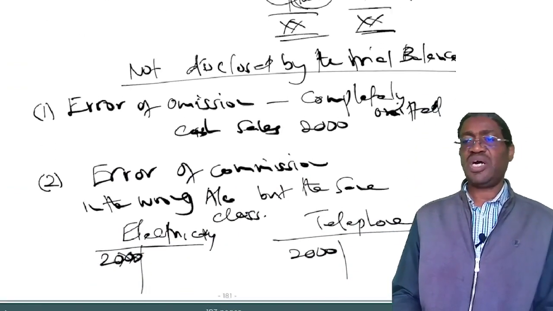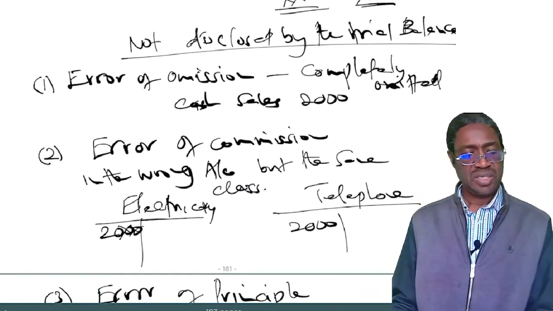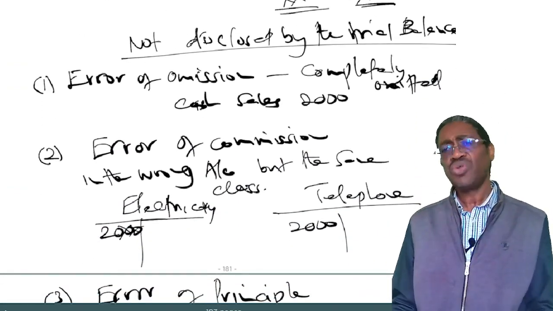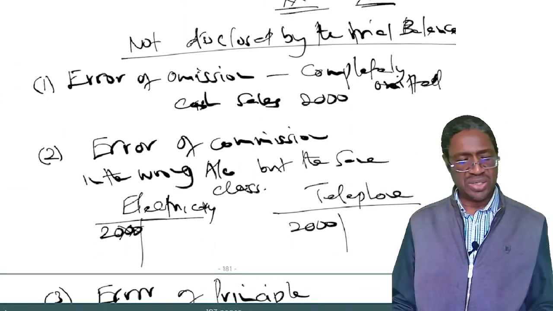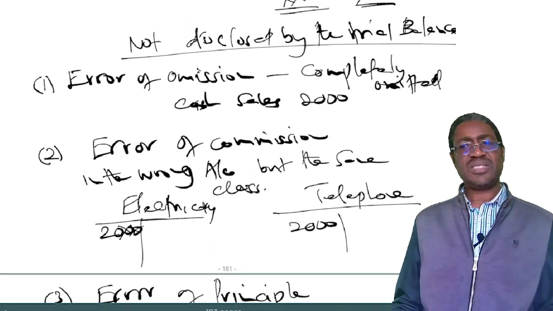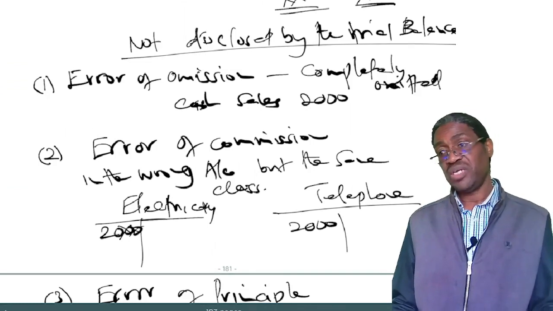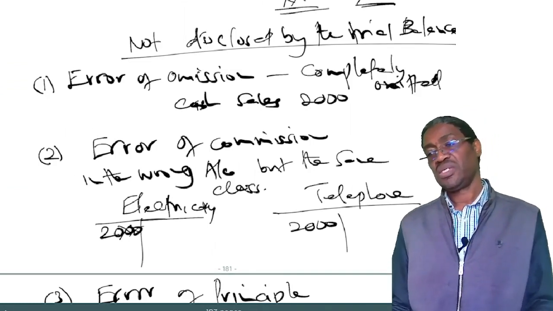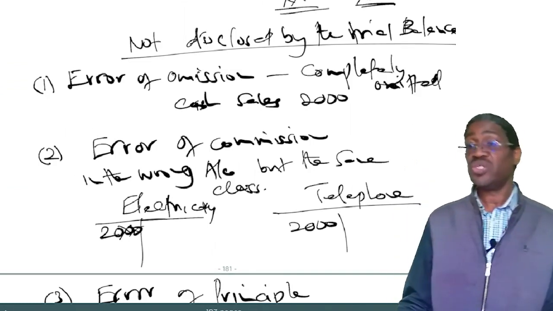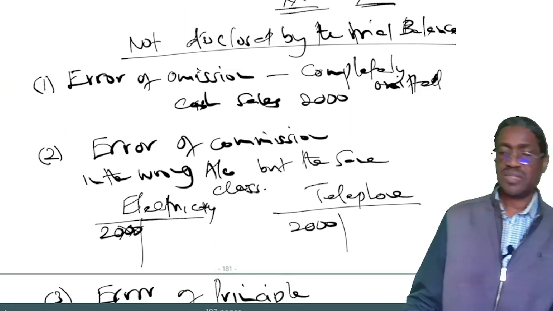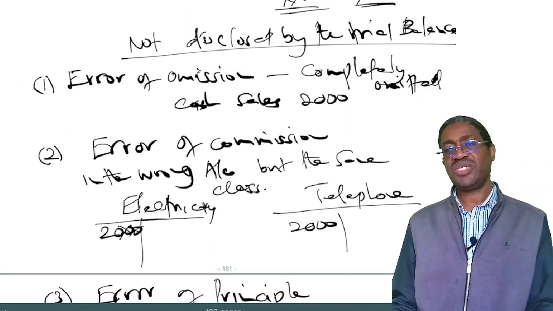Then below that, have another subheading, errors that are not disclosed by the trial balance. Then you say this.